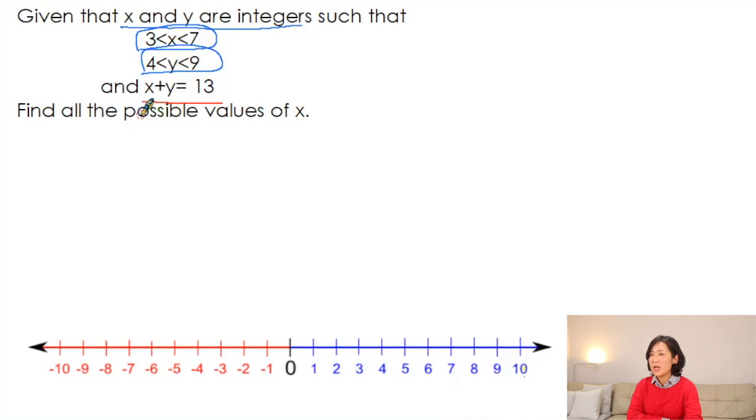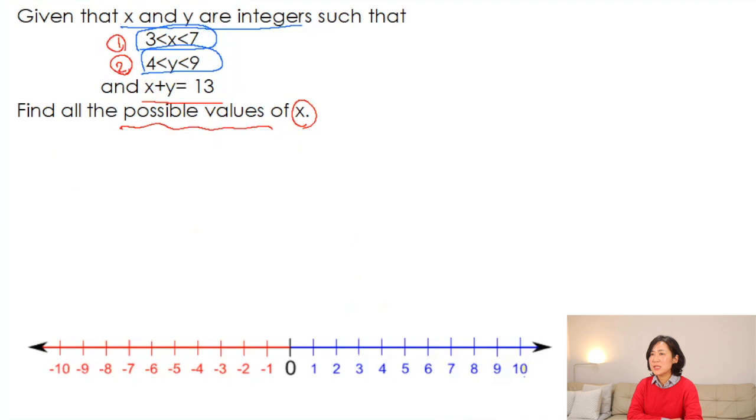So you can see inequalities and equations. So we need to find all the possible values of x. We need to use all our skills for dealing with the inequalities and at the same time equations as well. Now let's begin with our equations.